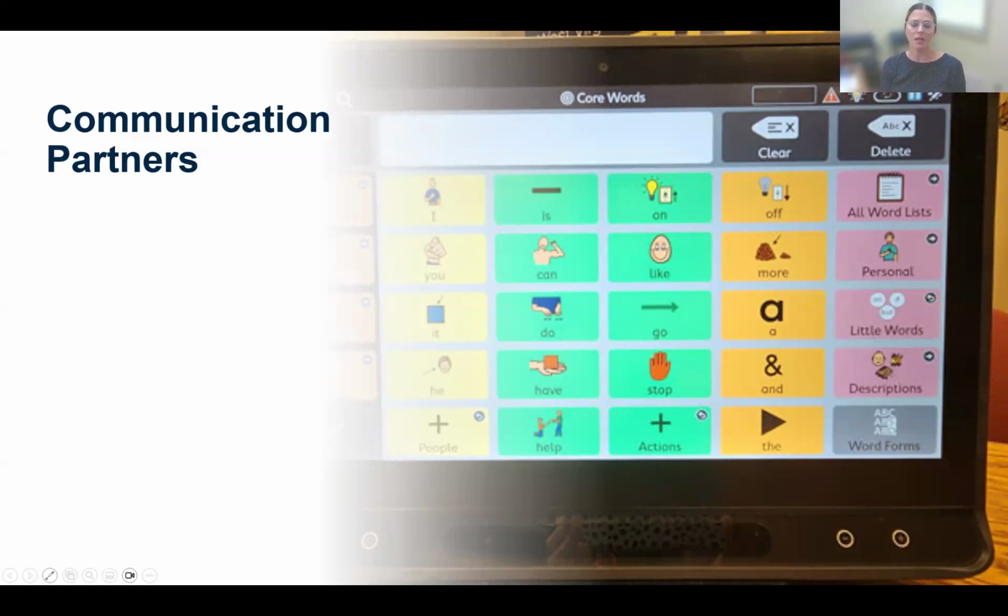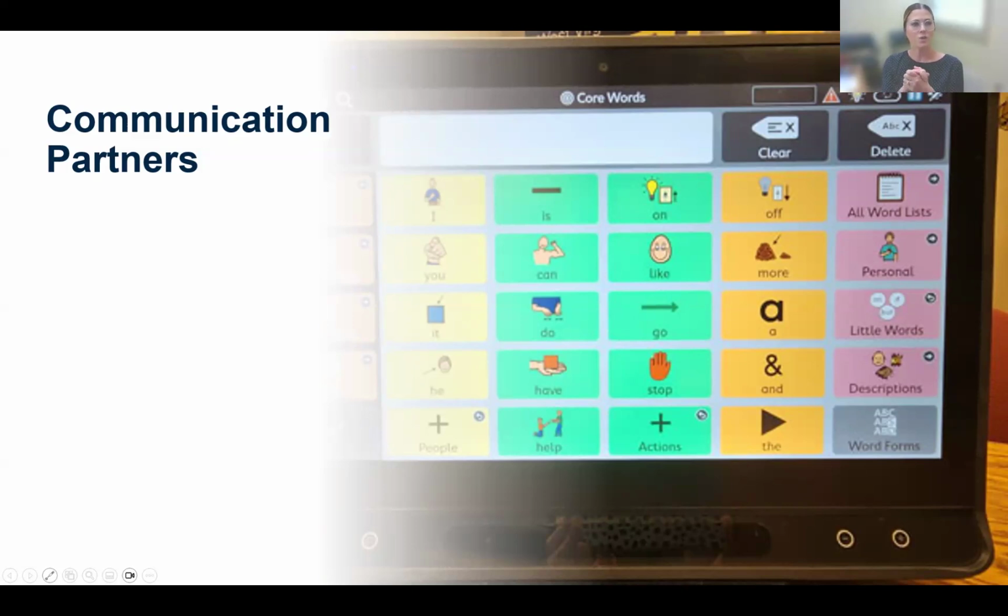Everyone's a communication partner. When we're particularly talking about AAC, we're talking about families, parents, caregivers, siblings, the speech language pathologist you're working with, any other therapist you're working with, teachers, aides, physicians, et cetera, right? Anyone that you can think of who would come into contact with your child is their communication partner.